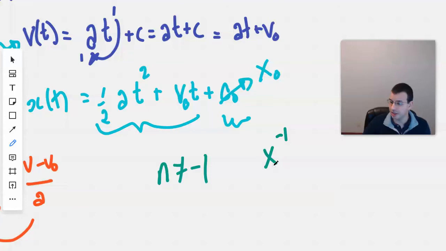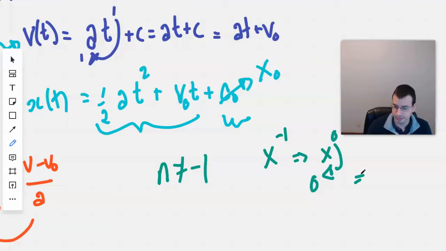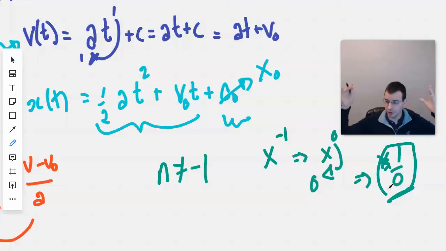Yes, you can use the power rule with negative values and fractions. So x to -1, using the mnemonic, it would go to x to the 0 and then divide by 0. So then you'd get 1 over 0, which you can't divide by 0, universe explodes, can't do that.